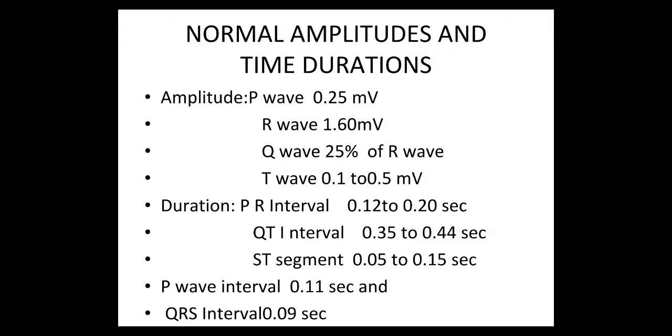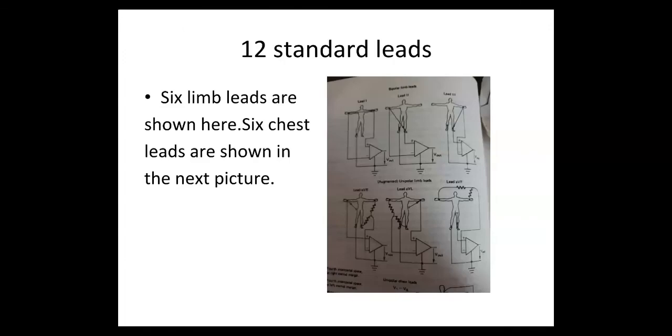The typical PR interval is 0.12 to 0.2 seconds. QT interval is 0.35 to 0.44 seconds. ST segment is 0.05 to 0.15 seconds. P wave interval is 0.11 second and QRS interval is 0.09 second.